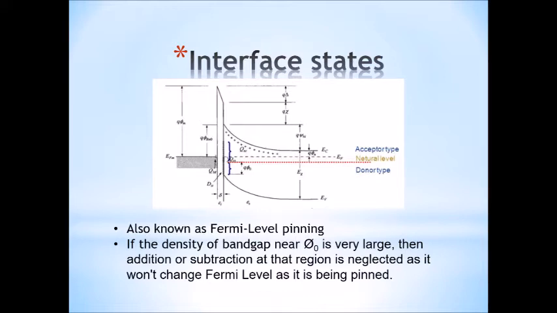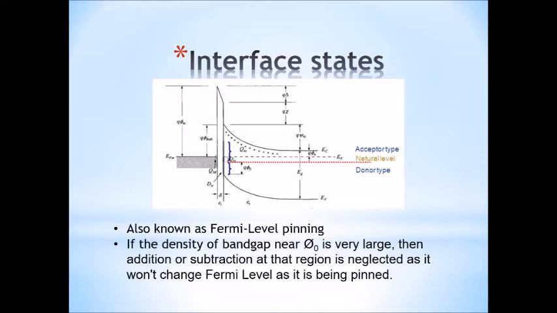Now we will talk about the acceptor state. The acceptor state must not contain any electron or negatively charged particle if the state contains its own electron.